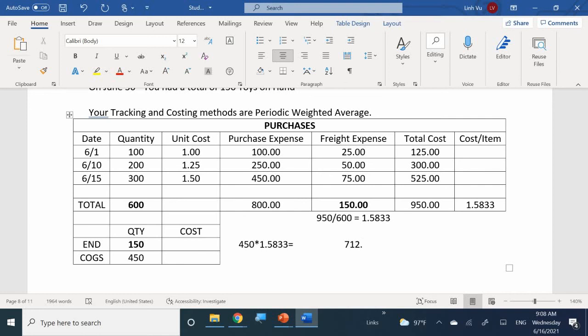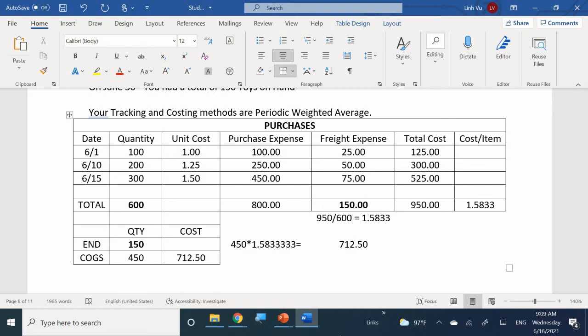I think you guys round too short here. 950 divided by 600, if you keep extending this out to more than 4 decimals, 33333, you're eventually going to get 49 something something something, and then it's going to be 50 cents. 712.50, right. Rounding.